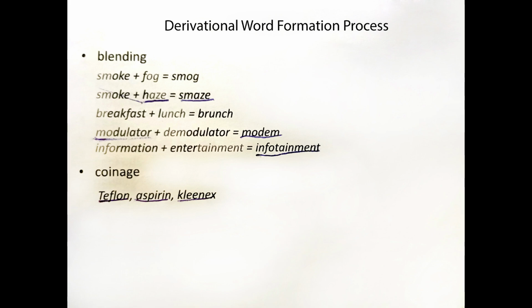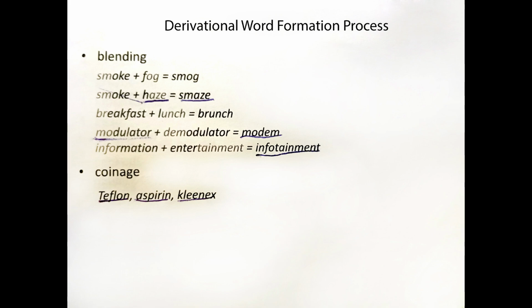Let's look at the word smog, right? Basically it is blended from the words smoke and fog. Before we blend them together, we cut the part OKE from the word smoke, and the first letter F from the word fog.